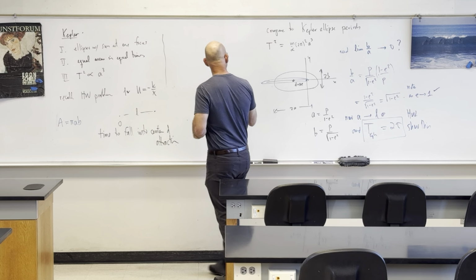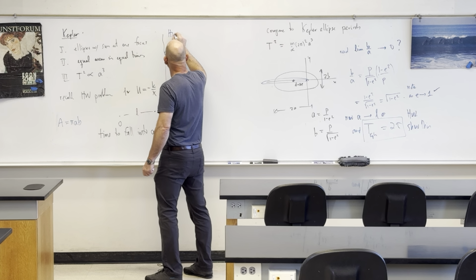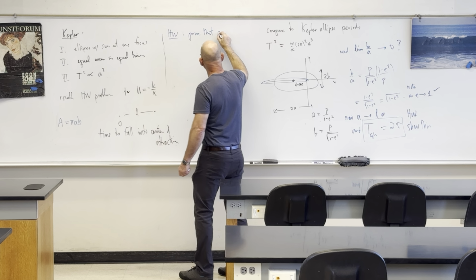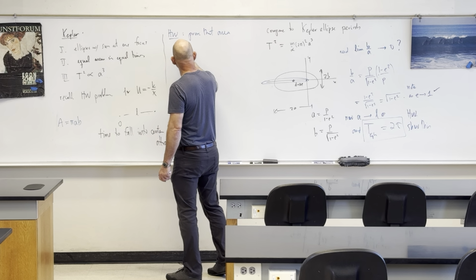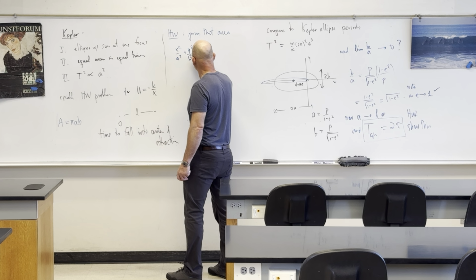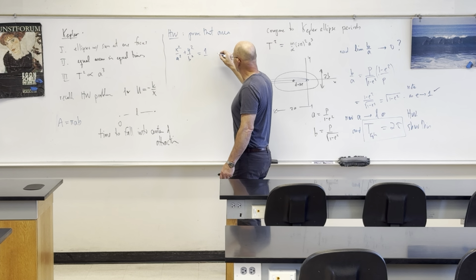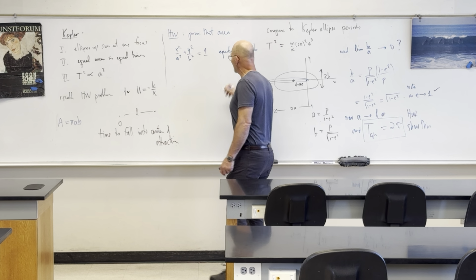So the last of these homework problems, so there was that one, and then homework: prove that the area bounded by the curve x squared over a squared plus y squared over b squared equals 1 equals pi ab.